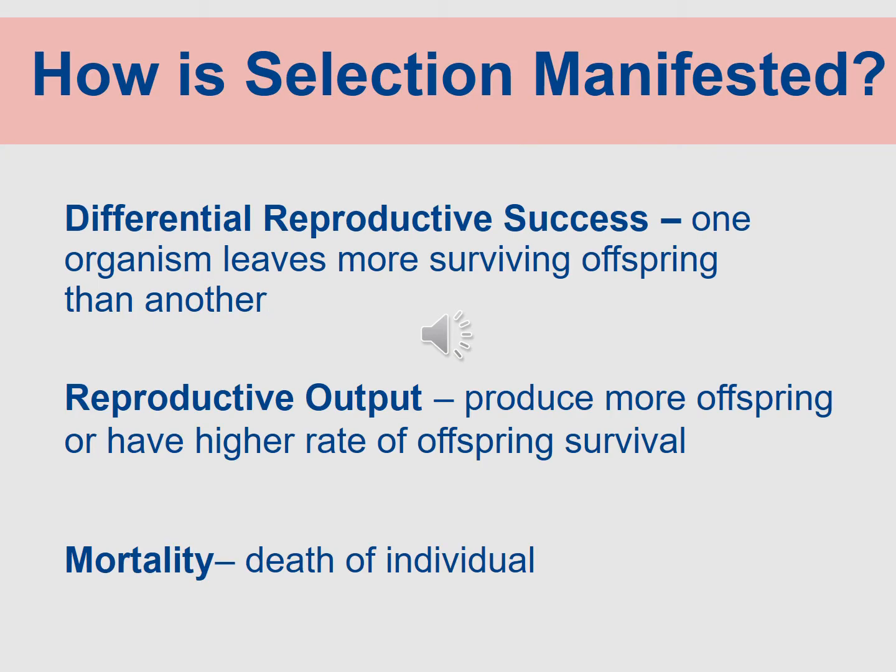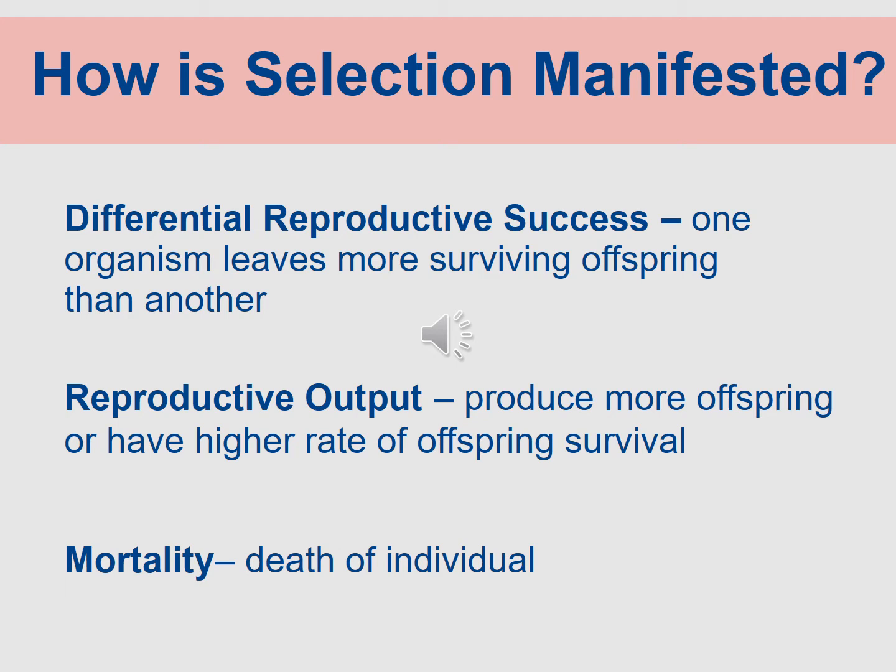What we may ask, of course, is how is selection manifested? There are a number of key components to natural selection, and we can't necessarily discuss natural selection in one sweeping swoop. It's quite complex. There are a number of different factors. One of them, of course, if you want to see a trait evolve via natural selection, an organism needs to actually leave more offspring than other organisms, right?